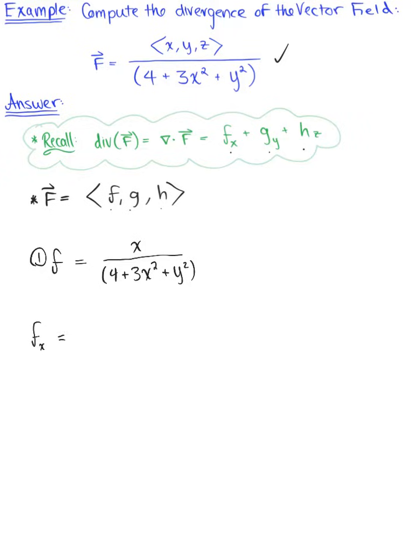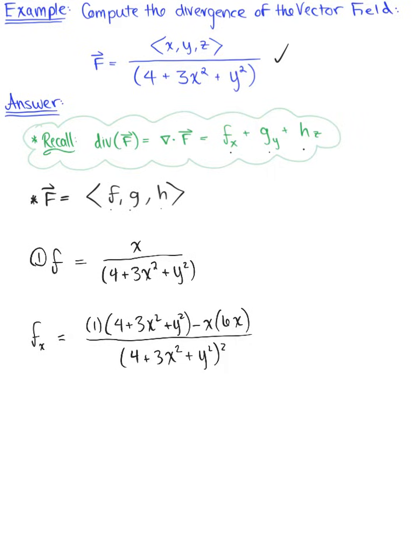So using the quotient rule, this is going to be 1 times 4 plus 3x squared plus y squared, minus x multiplied by the derivative of the denominator with respect to x, which is simply 6x. And this is all divided by that denominator squared. So we have 4 plus 3x squared plus y squared, squared.